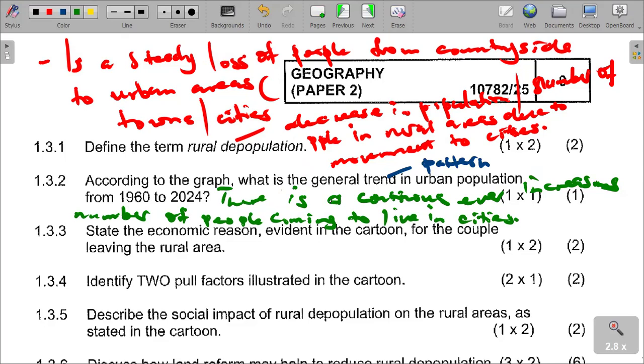There is a continuous growth. There is a continuous increase in the number of people living in cities.